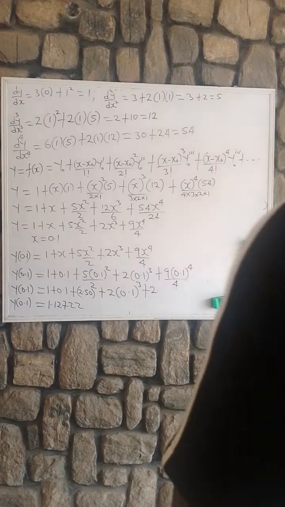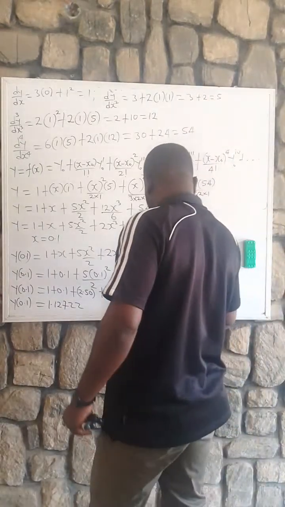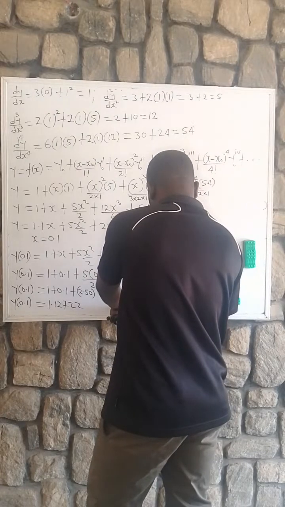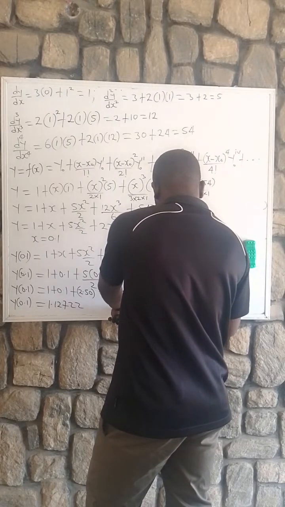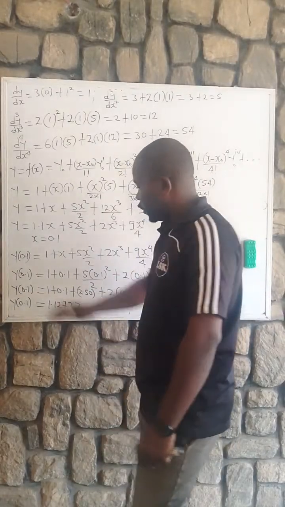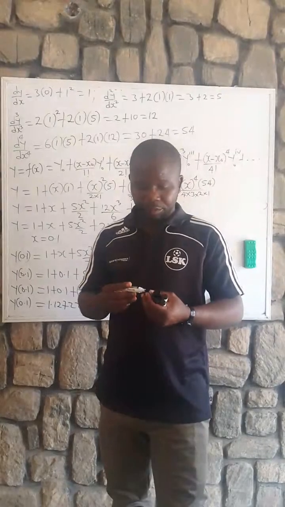So just finish it. Go and finish it. All over 4, raised to the power of 4. Okay. So this is how you are going to look at it.